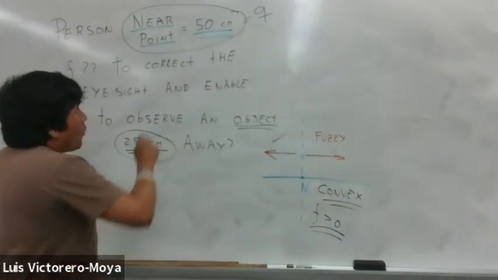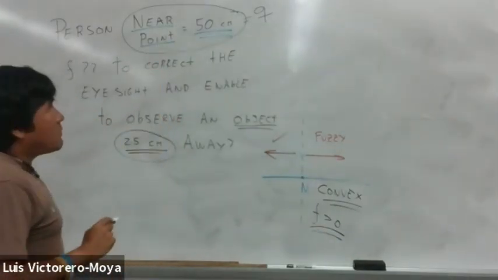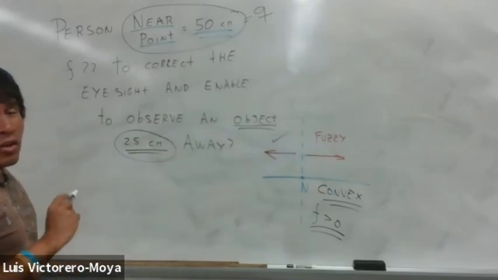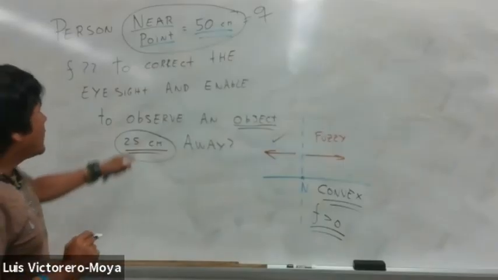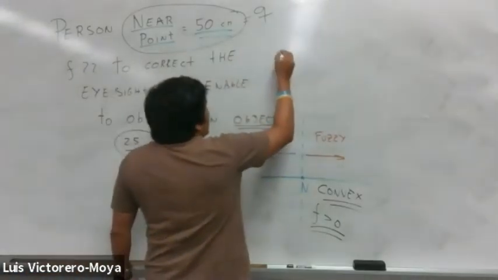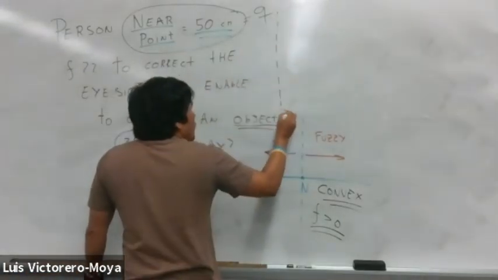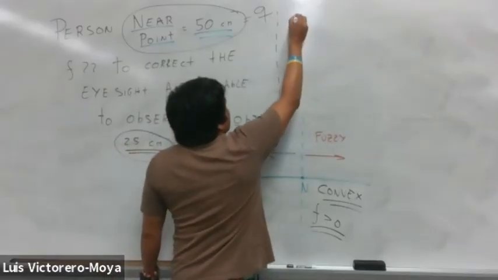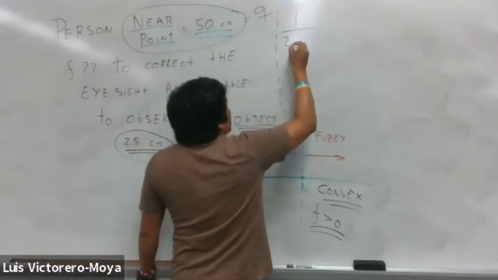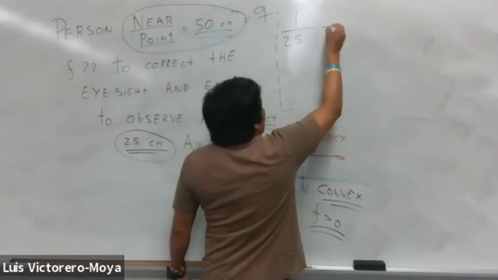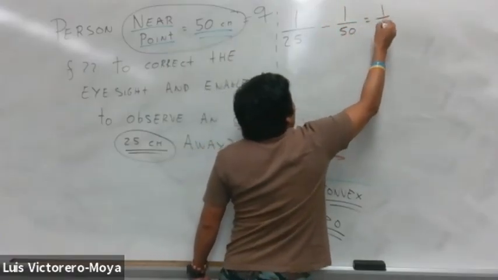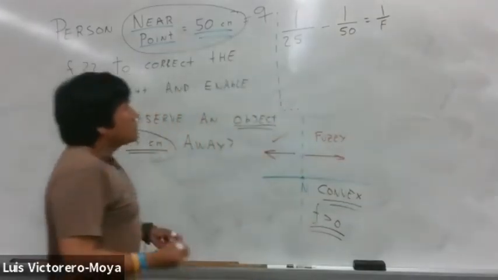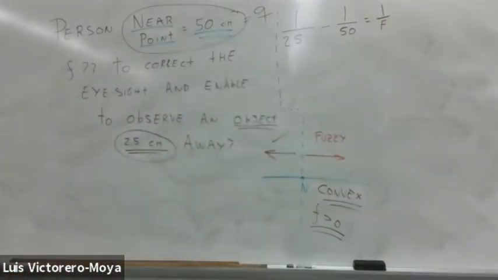Now, what type of image do you use to project when you are correcting with a lens? It is virtual. So the equation will be as follows: 1 over 25 minus 1 over 50 equals 1 over F. That's pretty much what you have to do.